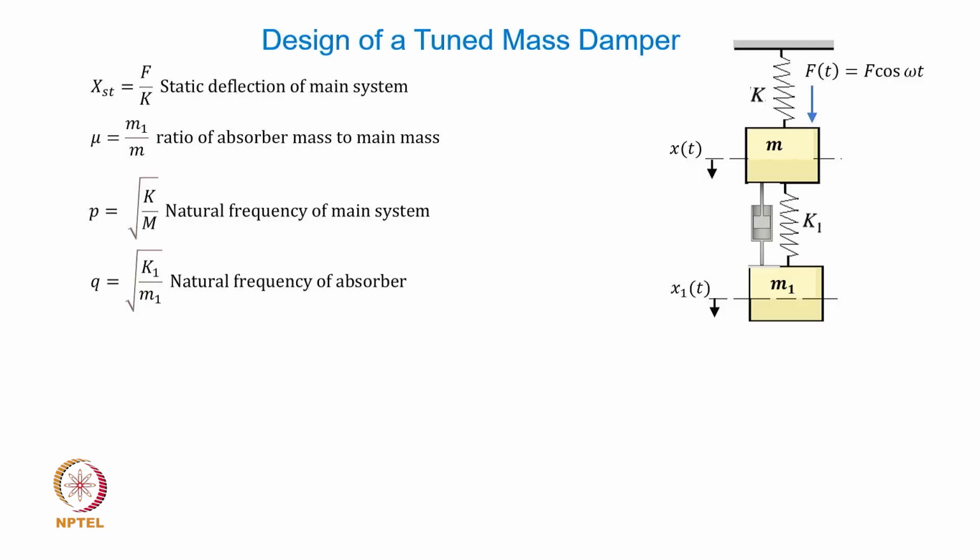And now what we do is, in this case, as we will learn later, it makes sense to keep P and Q different rather than equal. Okay, if we do not separate out P and Q with different numeric values, we may not be able to get the desired output here. So we are going to keep these two natural frequencies different, and let's look into that later.